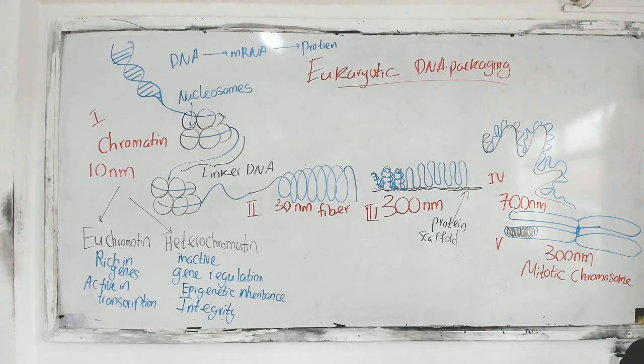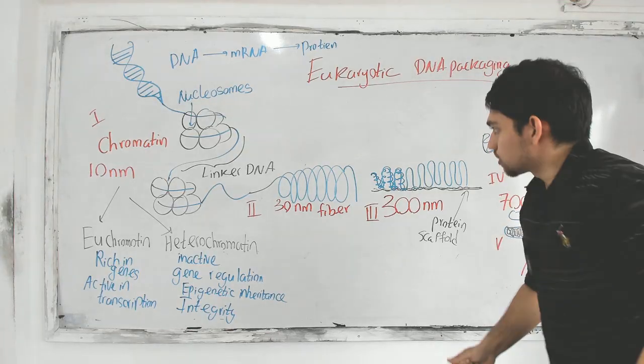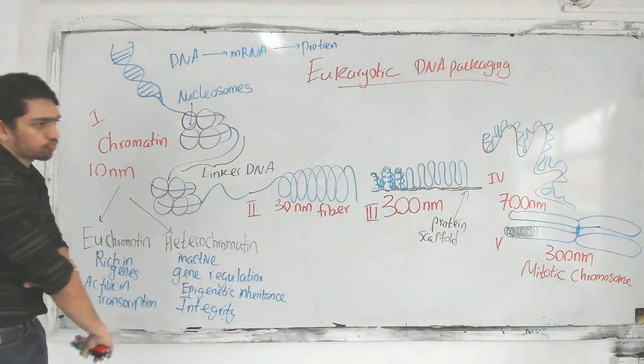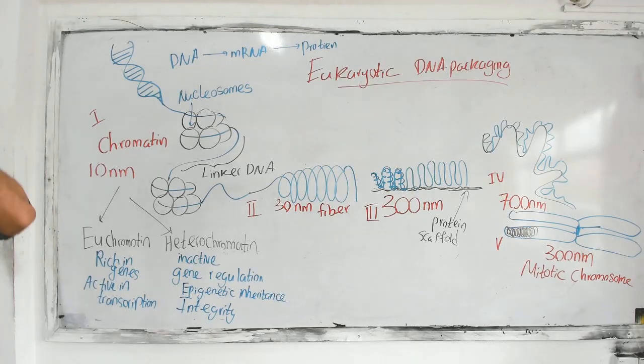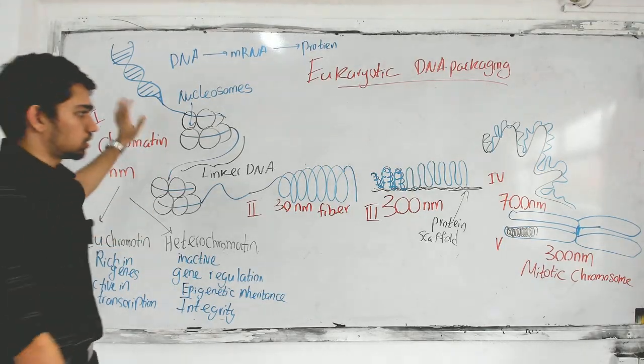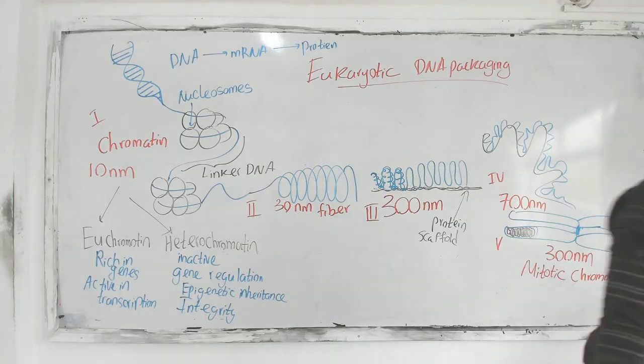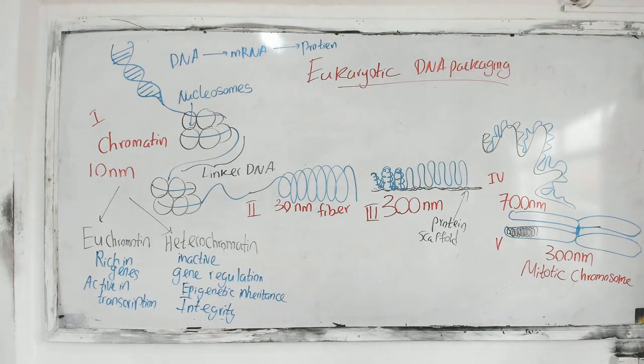Okay, quickly draw this. Divide chromatin into euchromatin and heterochromatin. Write down their features and draw the 5 levels of DNA packaging in eukaryotes.